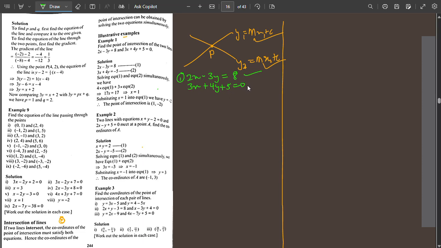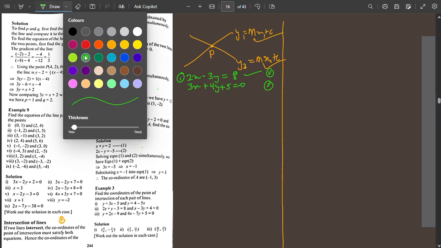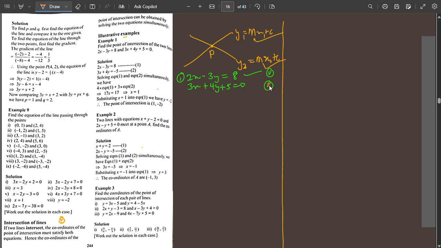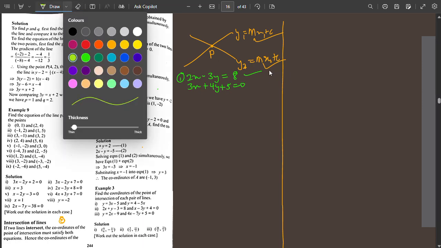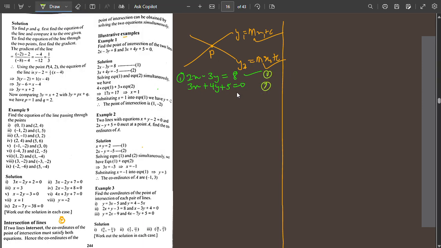So this is equation 1 and this is equation 2. In equation 2, we have 5 on the left side. We have to move it to the right side.